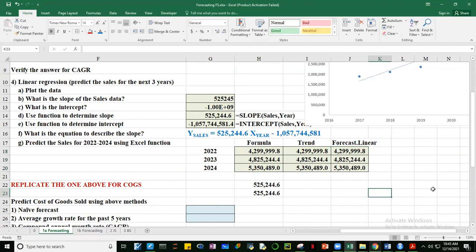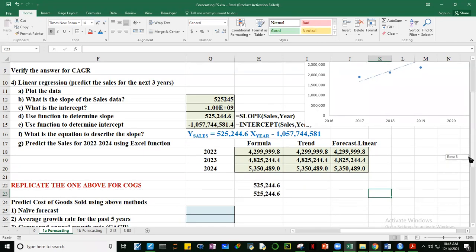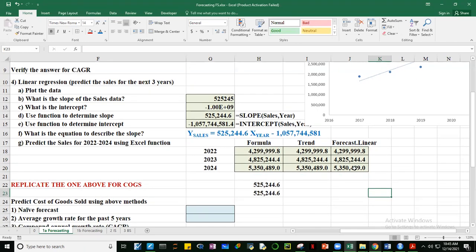All right, so it's almost time, guys. So let me just quickly recapitulate. Dito guys, sa portion na to, we were able to create a linear regression line, using the slope, using the intercept, and then compute for the predicted value of sales for 2022, 2023, and 2024. This is using the formula, yung equation natin. This is using the trend function, and this is using the FORECAST.LINEAR function.